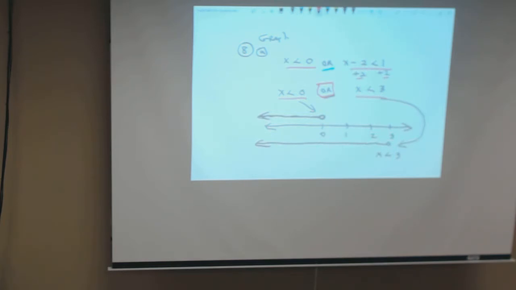Change it to red, or. If it could be either one of these, then and would be where they overlap. Or says it could be this one or this one. And you see where? So what would be either one of those? It would be this one here.